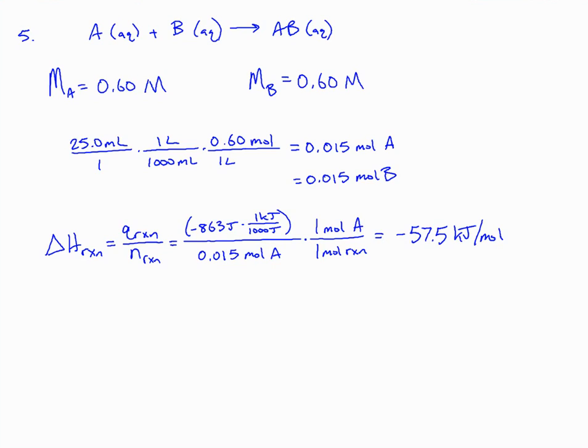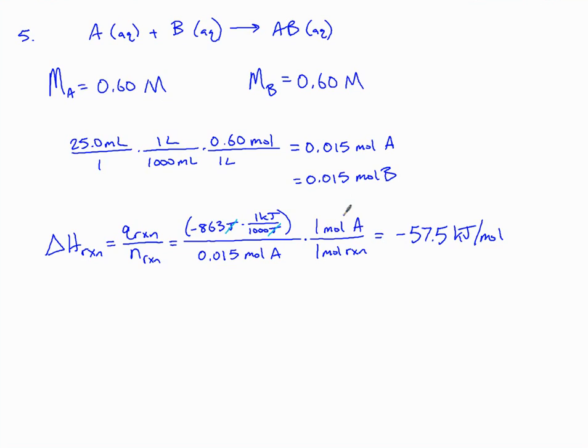So here's what's going to happen. This delta H of reaction is the heat of the reaction over the moles of reaction. The heat of the reaction was negative 863 joules, and we have to change that into kilojoules. Those are the accepted units for delta H. And this is per moles of A, the way I calculate it. But we want it per moles of reaction. And so I had to do this step right here.